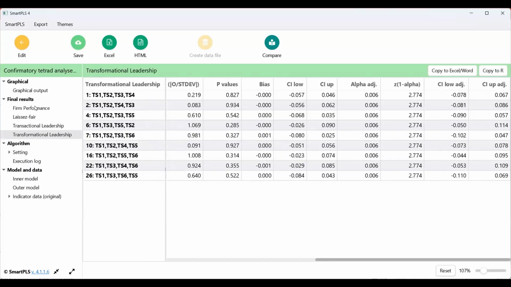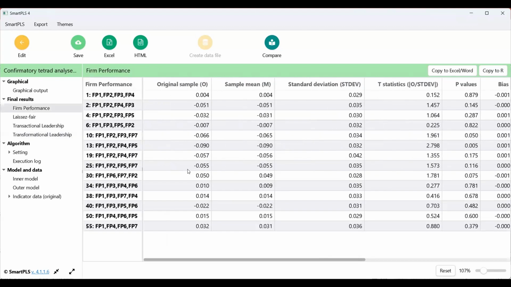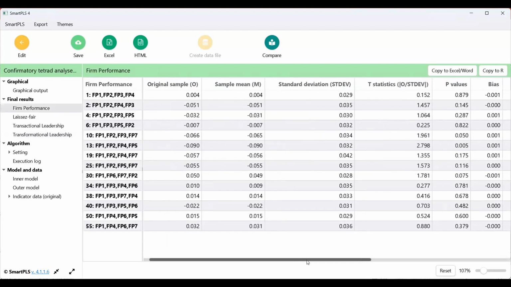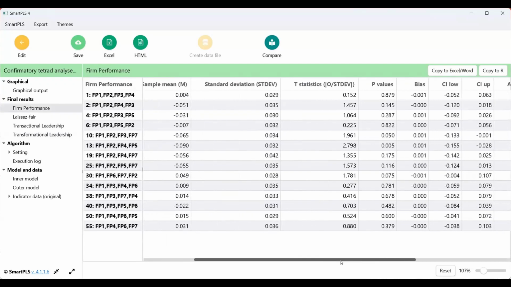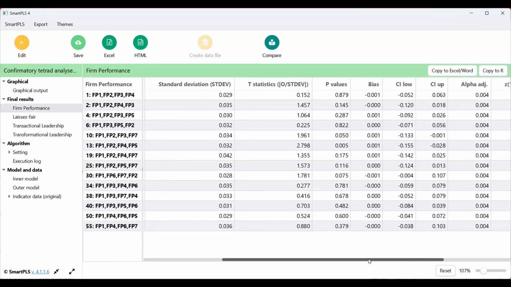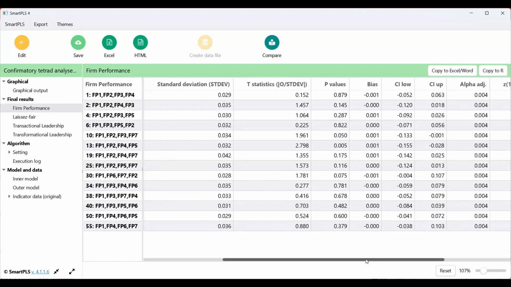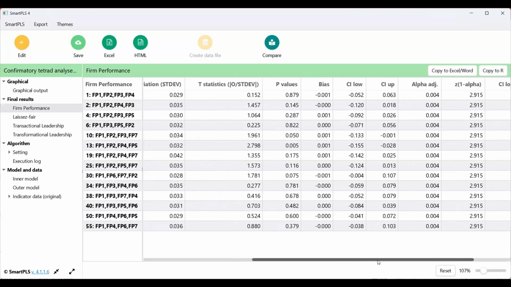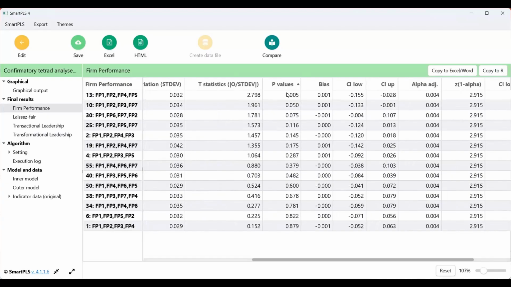Now, another way is that we can use the p-values. Normally, if about 75% of the tetrads are not significant, you can conclude that the assumption for reflective is not violated. So we can look here at the p-value.